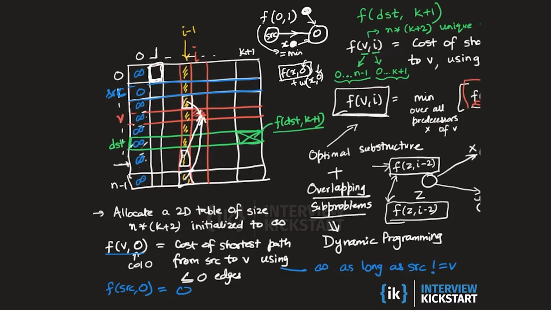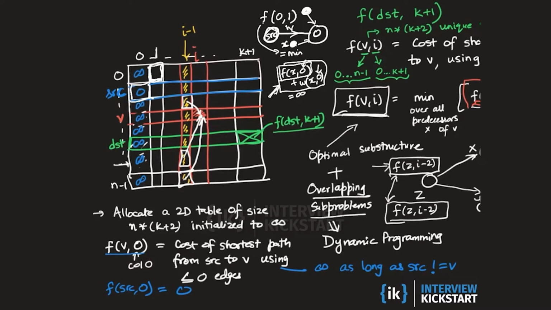So in general for all predecessors except for the source itself, calculating this sum is going to result in a value that's equal to infinity, because f of x comma 0 is infinity. But for the source itself, if x was the source itself, f of source comma 0 is 0. So if there is a direct edge from the source to vertex 0, the weight of that edge will become the value of this sum.